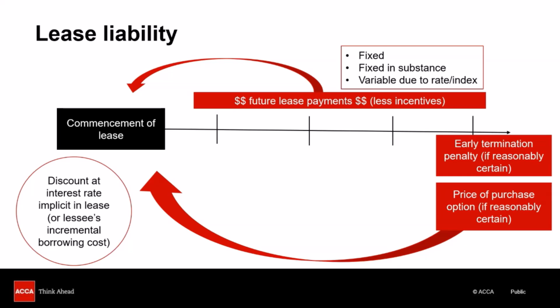All of these payments, once they have been calculated, we calculate their present value, and the discount rate used for the calculation of present value is the interest rate implicit in the lease. However, if this rate is not available, then we use the lessee's incremental borrowing rate for the calculation of present value.